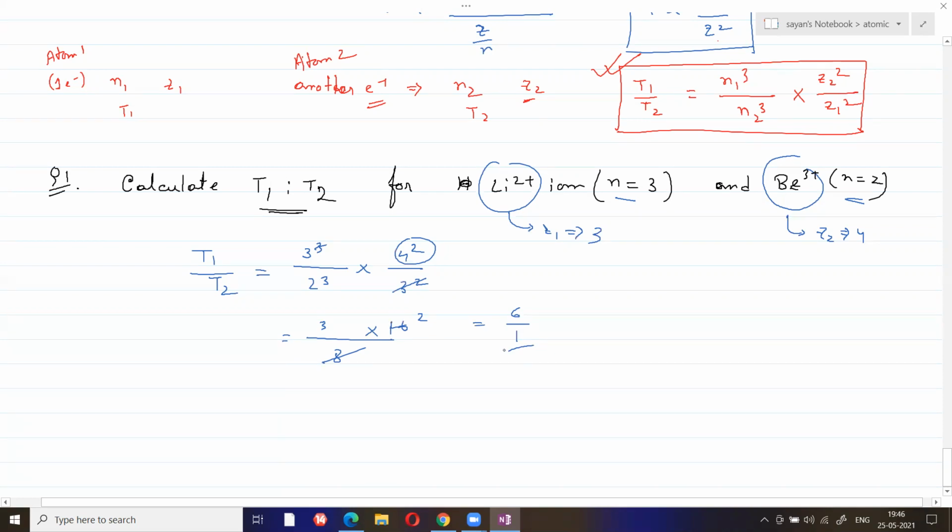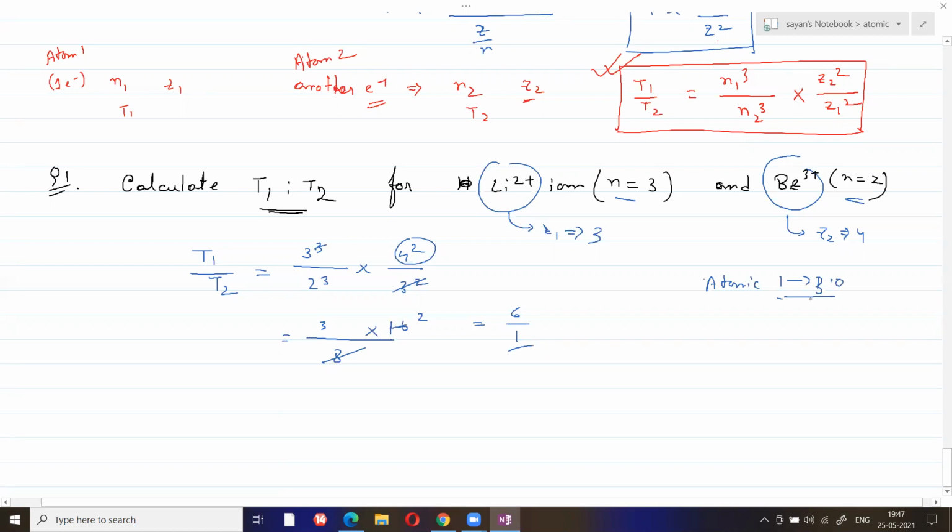Sir, I took the beryllium value as 2 instead of 4. Right, accidentally. Hydrogen, helium, lithium, beryllium, if you go through the periodic table. Always remember the atomic numbers, from 1 to 30 you have to remember.